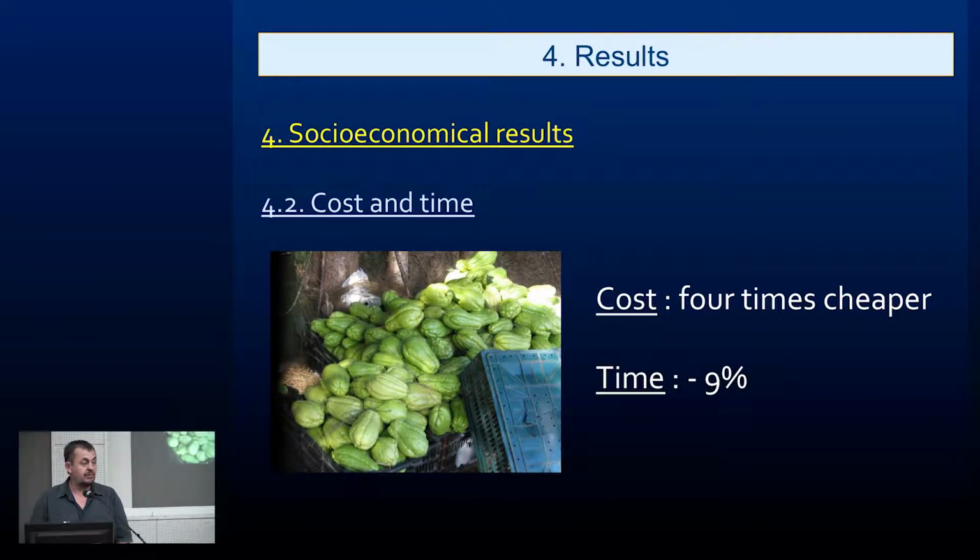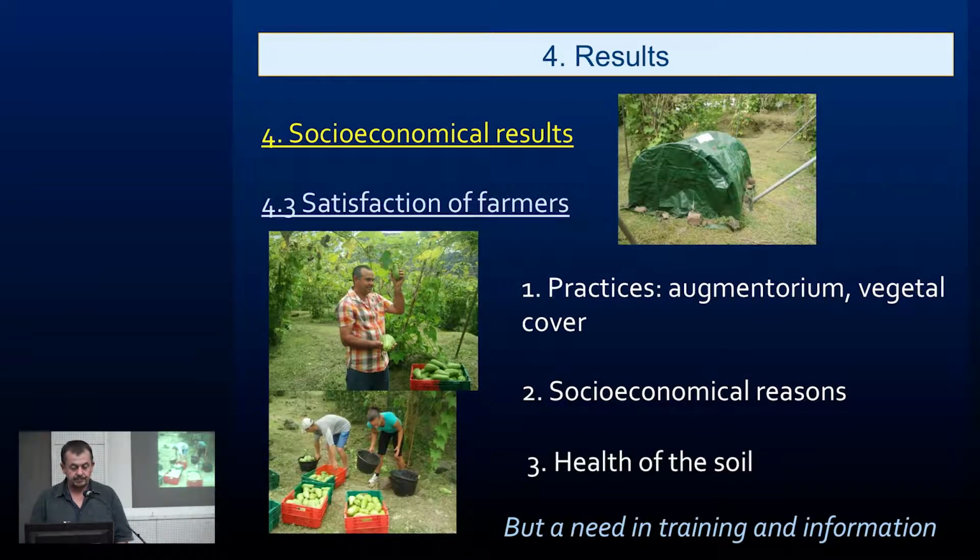About the cost, it was 4 times cheaper, and for the time of protection, it was about the same thing. We registered great satisfaction of farmers because they discovered the tool Augmentorium, and they saw that the vegetal cover is a very effective technique.